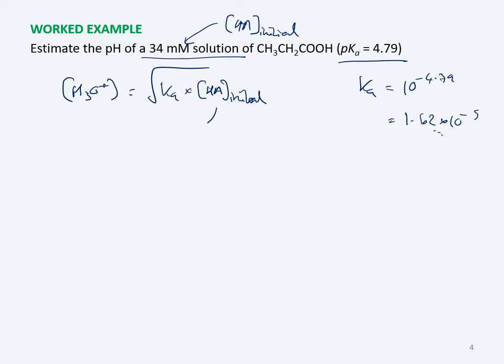So we've already said that's equal to 34 millimolar, which is the same as writing 34 times 10 to the minus 3 molar. Now here is where the unit tracking is appalling, because in order for this expression to work and to give us molar as a result, Ka actually has to have units, doesn't it?